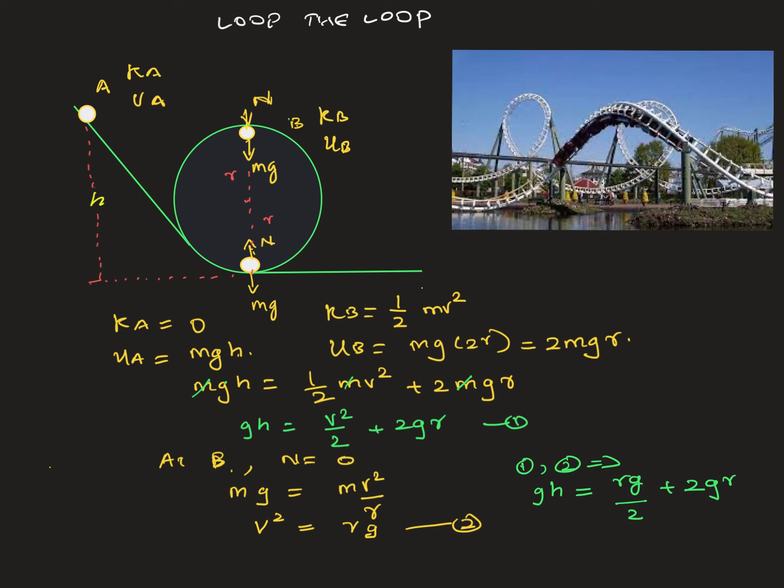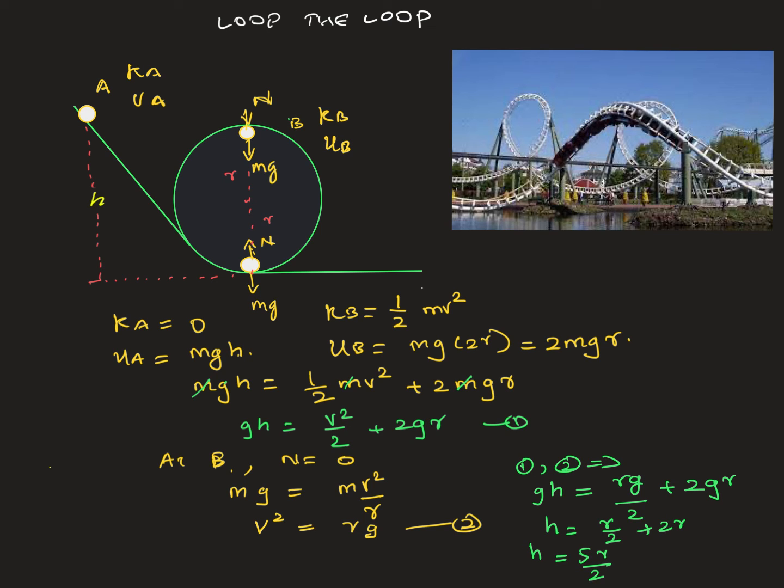Now g is going to cancel on both sides, so we get h is equal to r by 2 plus 2r. So that's quite an interesting one. So r by 2 plus 4r gives 5r divided by 2.